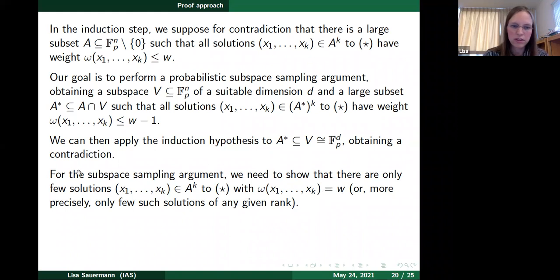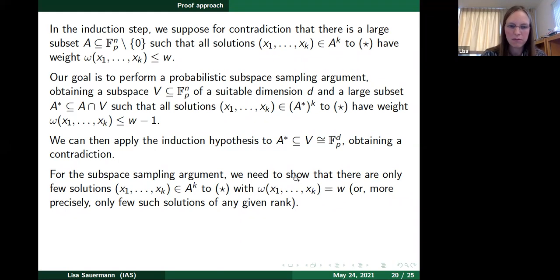So we need to show that there are only few solutions x1 to xk in our original set A where the weight is equal to W. Or if we want to be more precise, we actually have to show that there are only few solutions of any given rank, so of any dimension of the span of x1 to xk, because that again affects the probabilities for the subspace sampling. But let's not get into too much detail about the rank issue here.